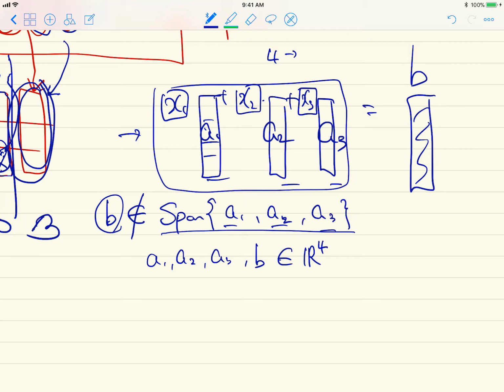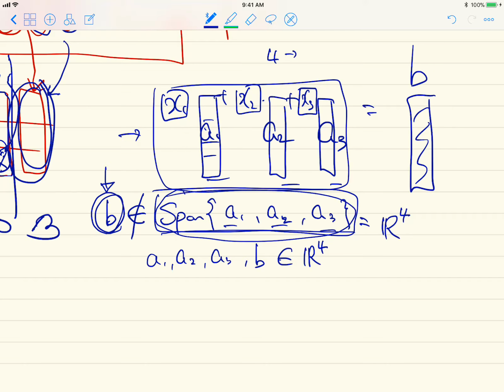Okay, and even before looking at what the b vector is, if the span of these 3 vectors is actually the same as the entire space of R4, then we can guarantee that we always have a solution regardless of b, because this span will be our entire set, and thus b will always be in this 4-dimensional space, which is the same as our span, right?